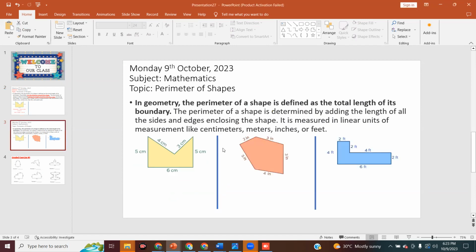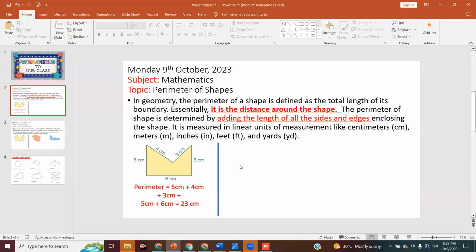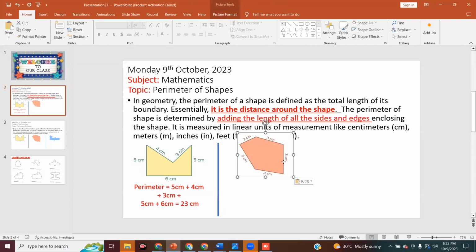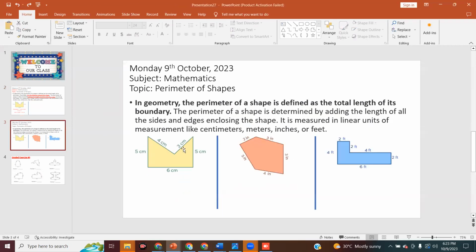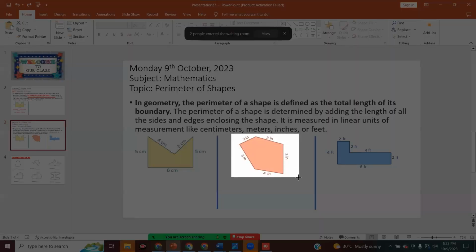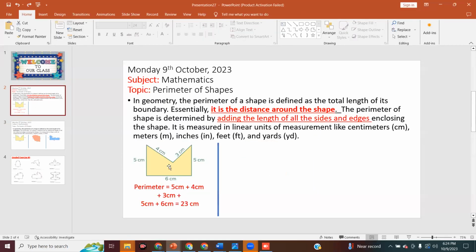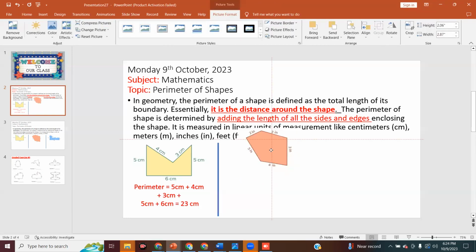Okay, so let's do another one. Let's say we have this shape, and I want you to find the perimeter of this shape. Please don't do it yet. Let me put the picture properly. So find the perimeter of this shape.